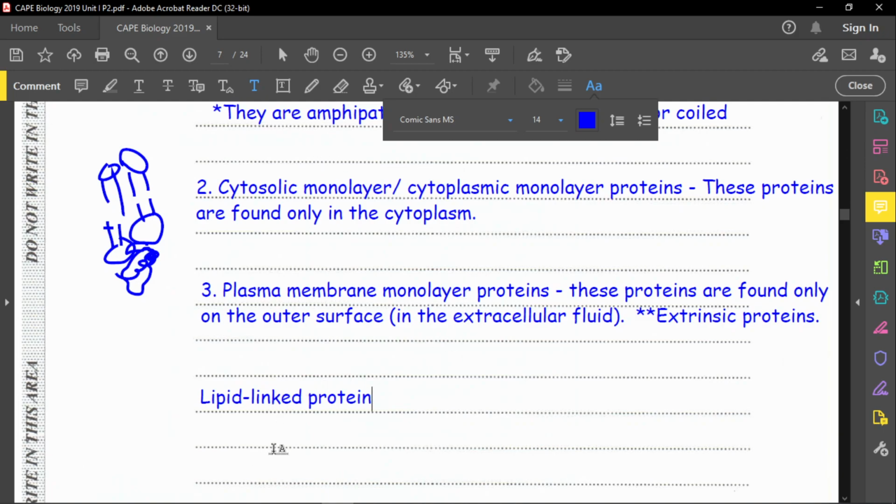You also have proteins that attach to other proteins as well. So you have lipid link and you have protein link. Let's talk about protein linked proteins, one kind of funny type. In other words, proteins linked to proteins that connect to the phospholipid.